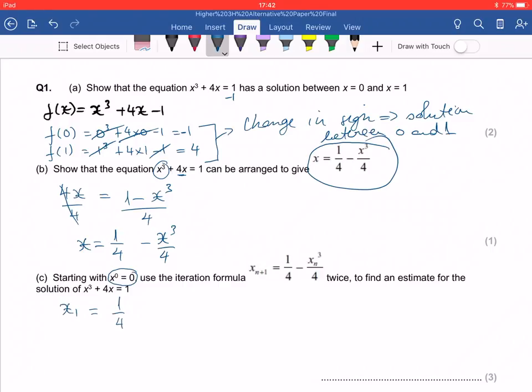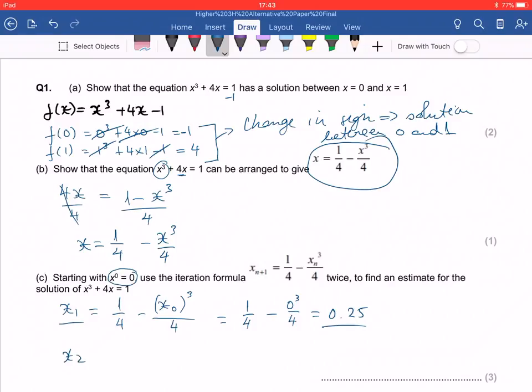So in my formula, that's a quarter minus x0, but I have to cube it because that's what the equation is telling me, divided by 4. So I'm going to substitute 0 for x0. So 0 cubed over 4. Nice and easy to do. You can still do this in your calculator. And you get 0.25. So that's my first solution for x1.